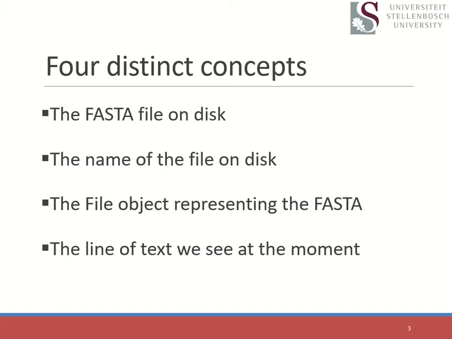Not that easy to read, but it is a text file. So in a lot of cases, when you're trying to interact with files in bioinformatics, you're interacting with text files. It's not universally true, but it's very commonplace. So the FASTA file on disk is this text file that has a whole bunch of sequence information within it.